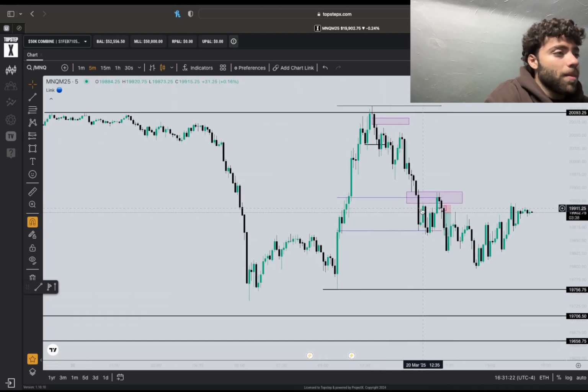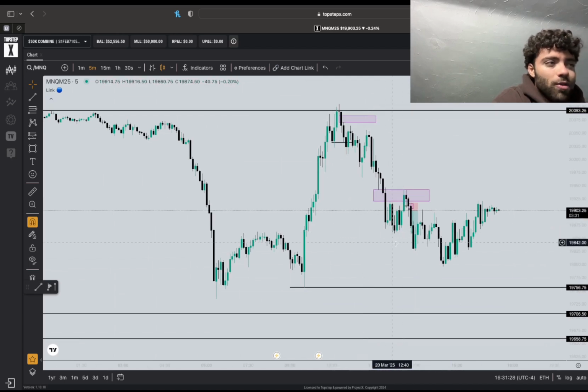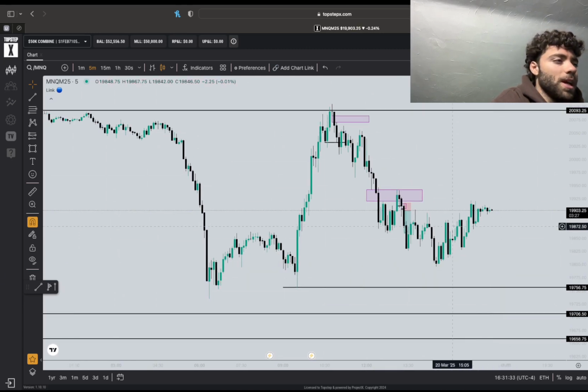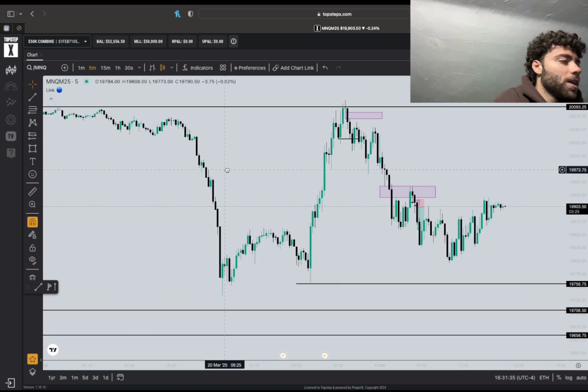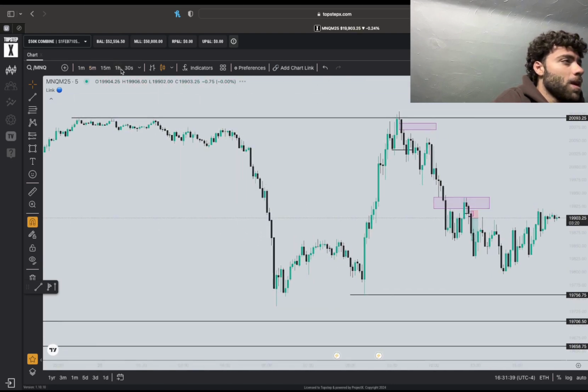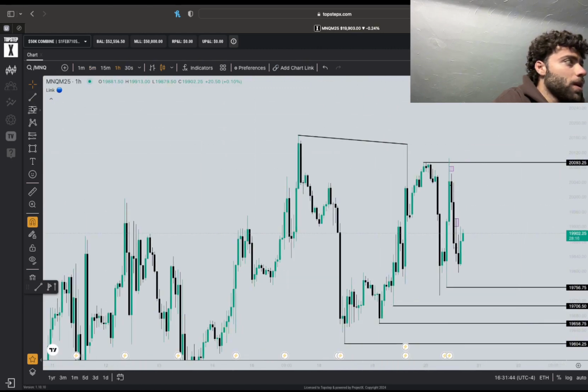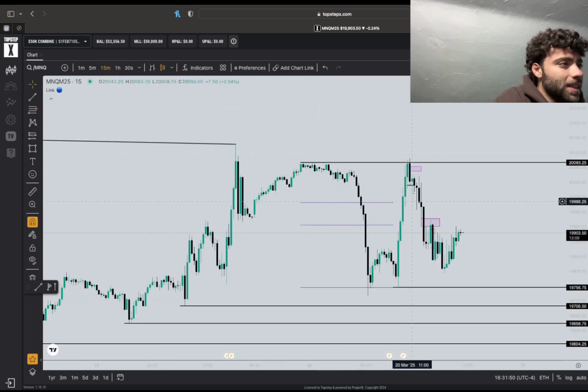But the fact that this setup happened right around equilibrium level, it would definitely be a trade where I would risk less. It's not a complete A plus setup. There wasn't any A plus setup today, honestly, in my opinion, except for maybe this one, because on this situation right here, where we're up here, boom.